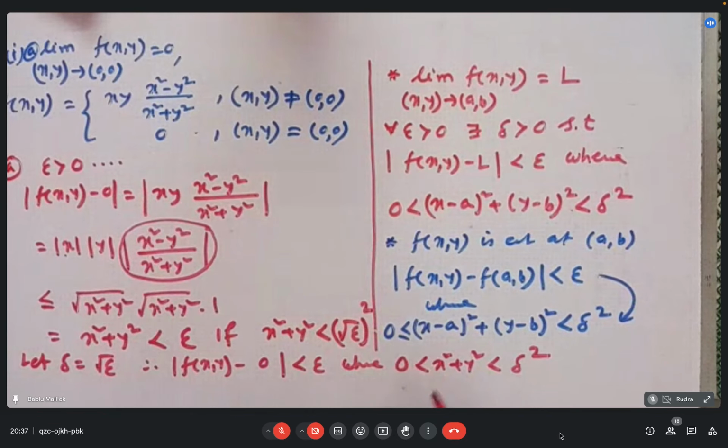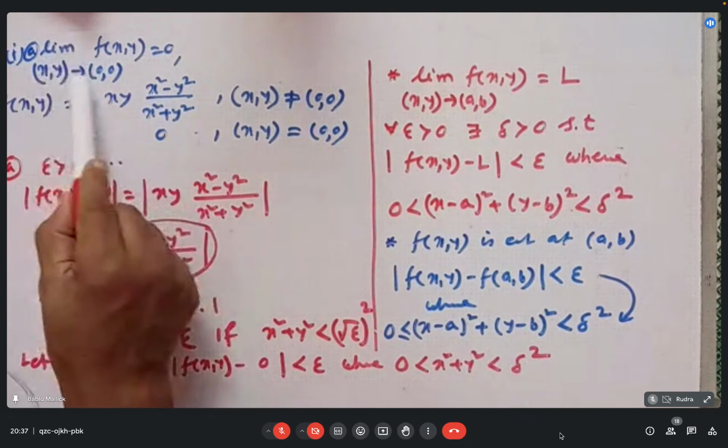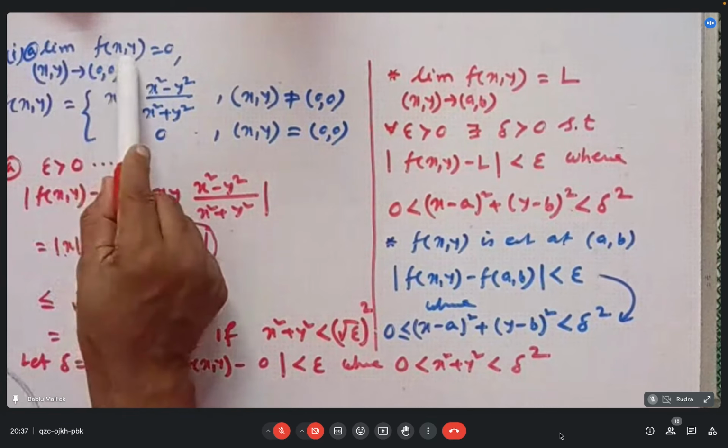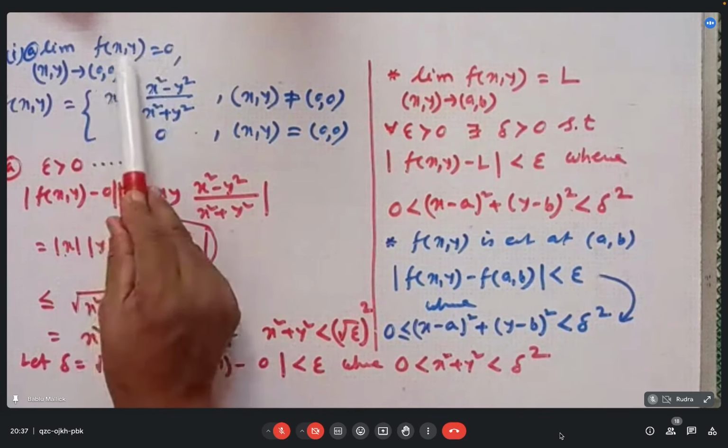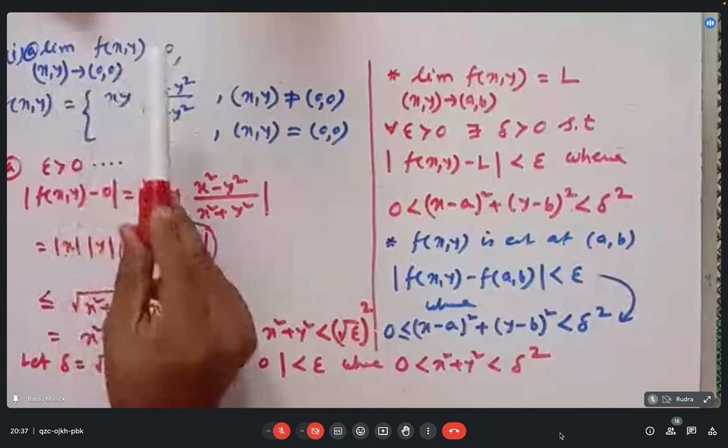Since it is a question of limit, this is greater than 0. Therefore, by definition, the limit as (x, y) tends to (0, 0) of f(x, y) is equal to 0.